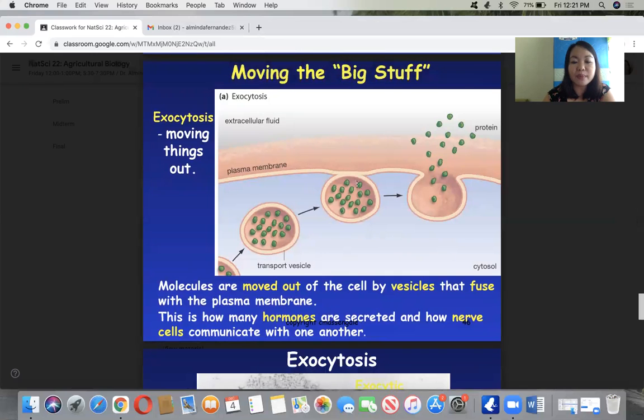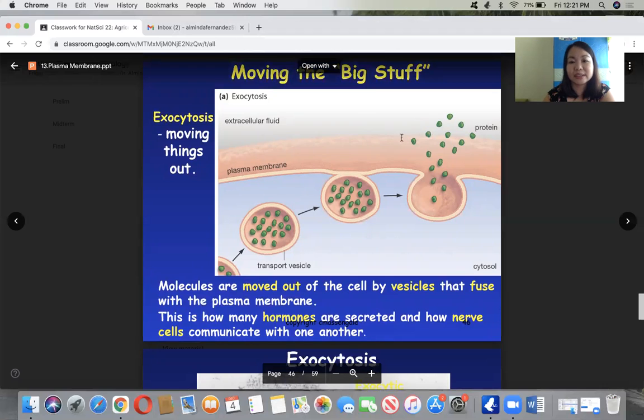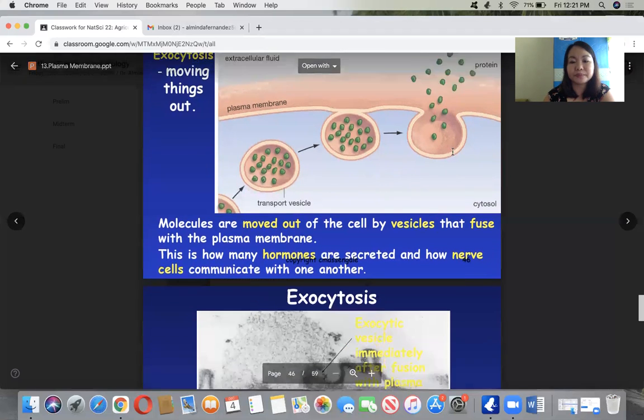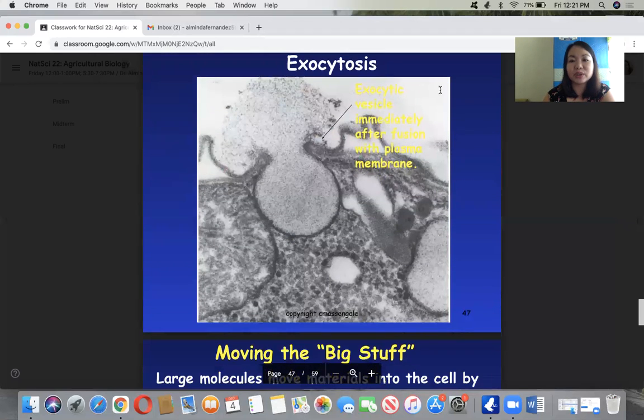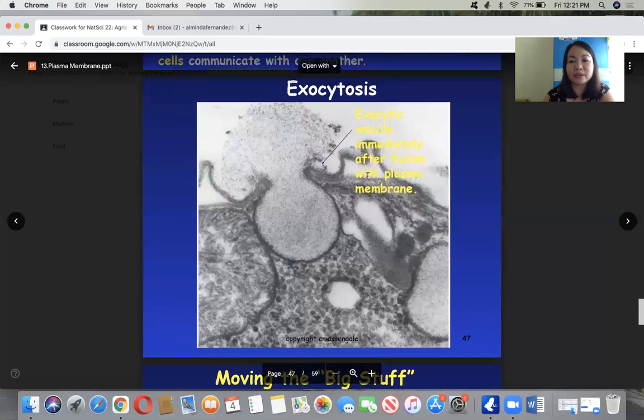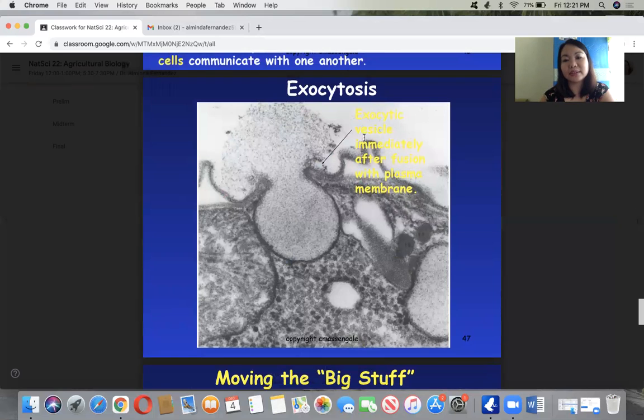This is how many hormones are secreted and how nerve cells communicate with one another, as they are released into the extracellular fluid. This is actual footage of exocytosis, an exocytic vesicle immediately after fusion with the plasma membrane.